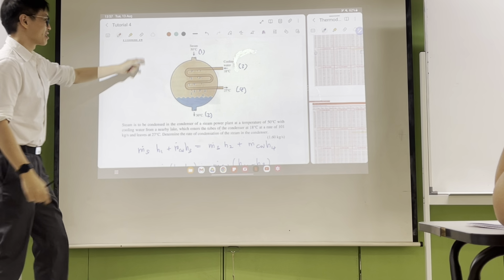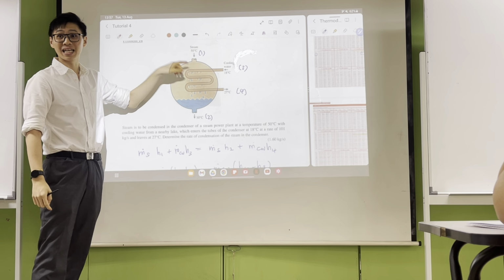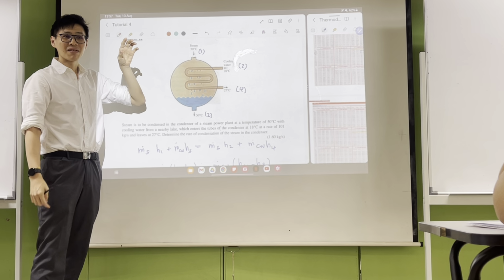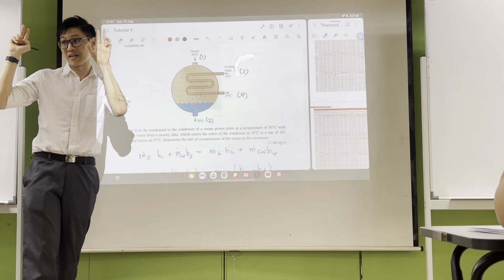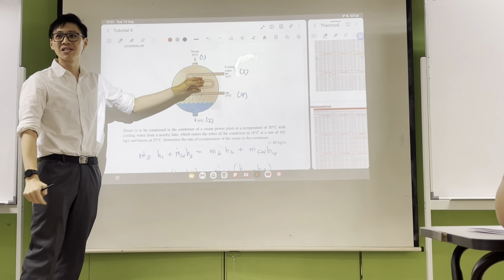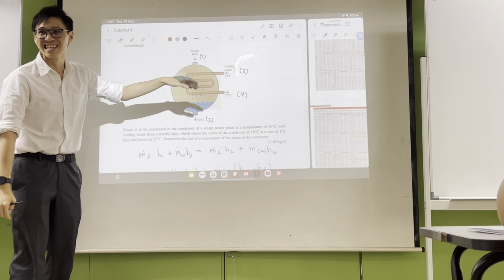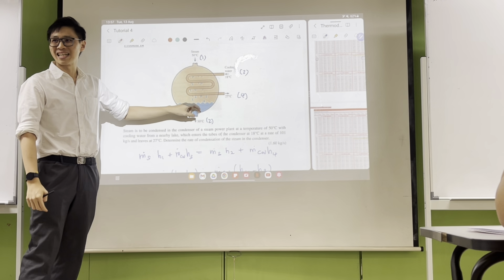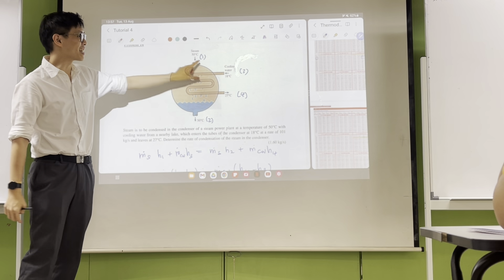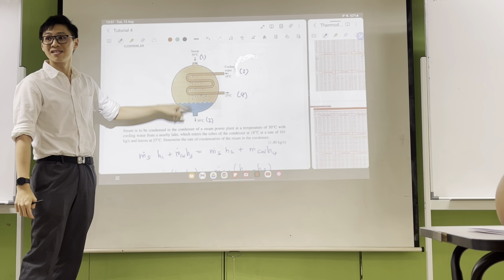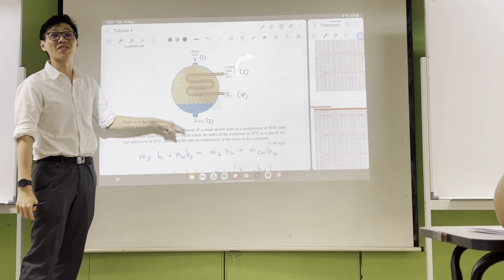You supply steam in, right? Meaning the one that you supply should be fully gas, in a way, vapor, because you are supplying steam. You are not going to put in a mixture, right? And then it got condensed, then what comes out is liquid. So this is a full condensation process, and the temperature doesn't change.